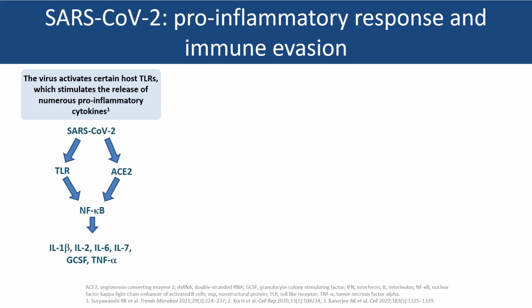Similarly, SARS-CoV-2 also activates several Toll-like receptors which also activate NF-kappa B. This pro-inflammatory signal explains some of the early symptoms that occur with COVID-19 infection, such as the high fever, the chills, the fatigue, the body aches, etc.